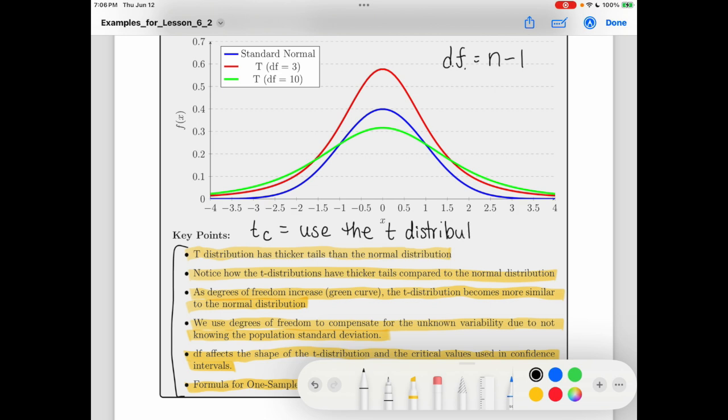But the process of how we do that on GeoGebra is the same. Instead of z-scores, we're going to have t-scores because we're looking at a different distribution, the t-distribution. But what it represents and how we find it on GeoGebra remains the same. It's just coming from a different distribution.